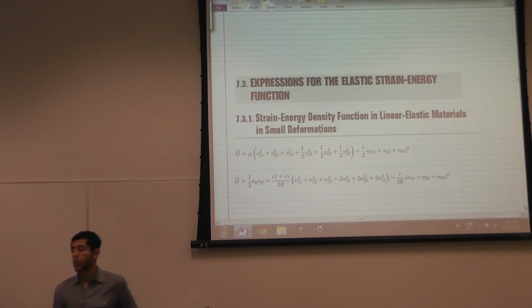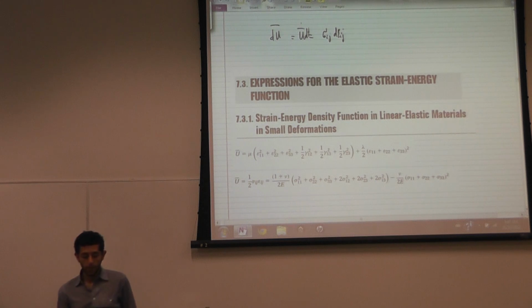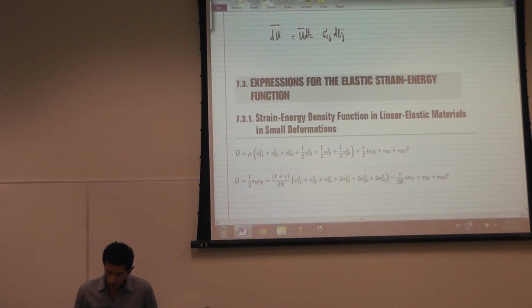Okay, so now we know the following: that the energy dot is equal to sigma ij d epsilon ij, u dot dt, which is equal to d. What is u? This is the question that I'm looking for.